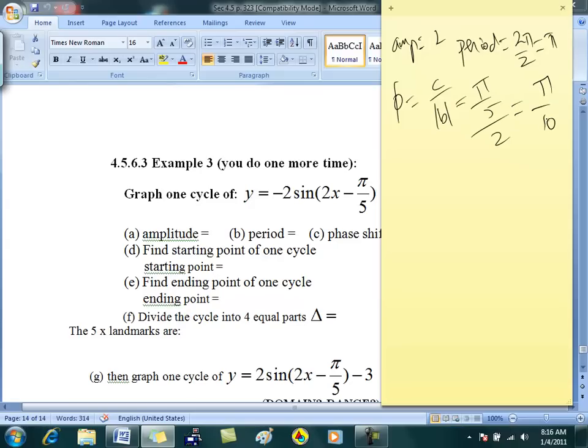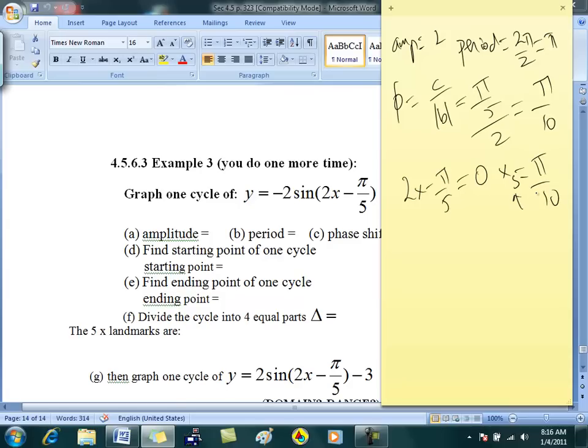Now, starting point, okay? Starting point is going to be obtained by setting 2x minus pi over 5 to 0. And if you solve, pi over 10, nice. Does everybody see why I wrote an S there for starting point?